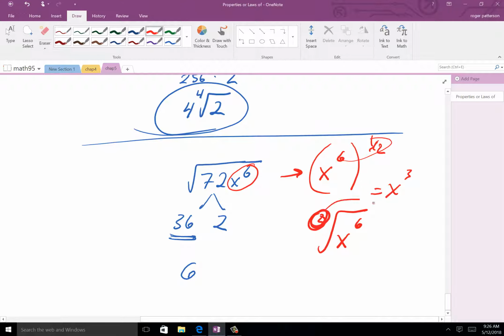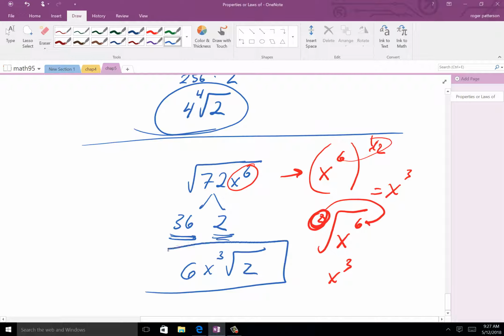This is a 2. 2 goes into 6 3 times. So you can think of it either way. It's the same premise. Either way, you've got to find your way that makes it work. So now this x to the third is going to come on the outside, but I still have this 2 here on the inside, so I leave it, and that is done.